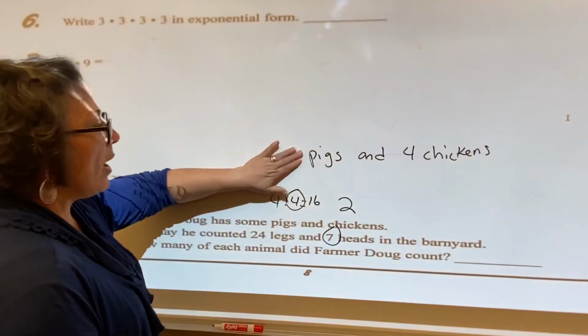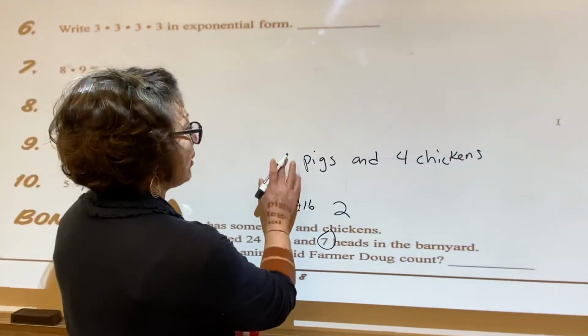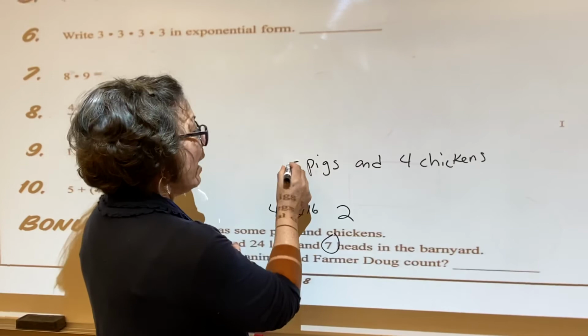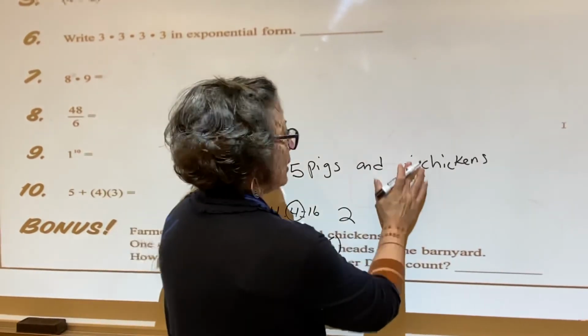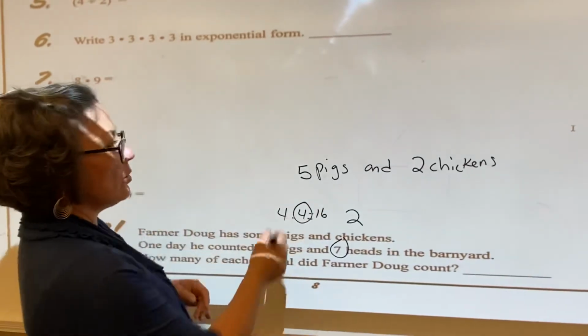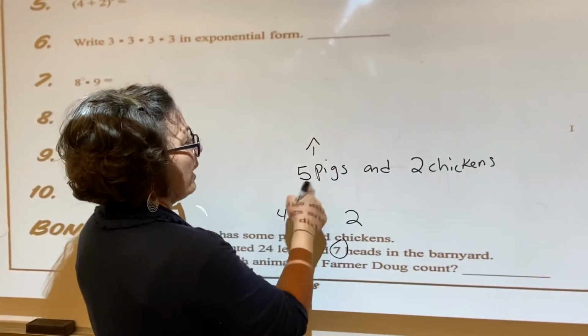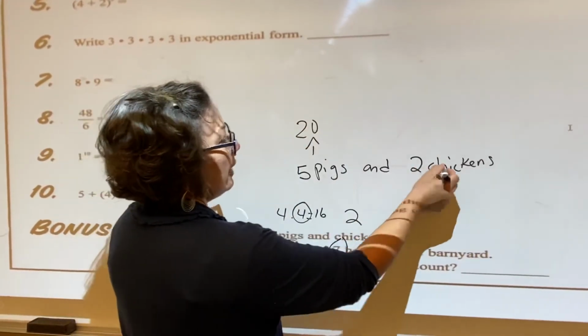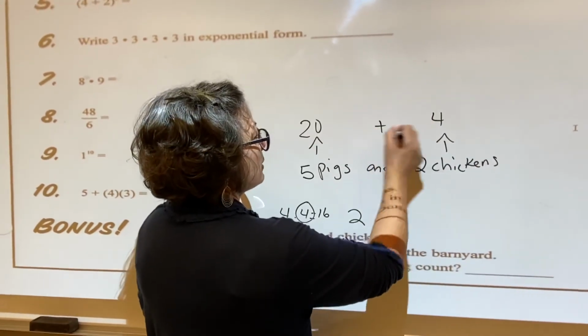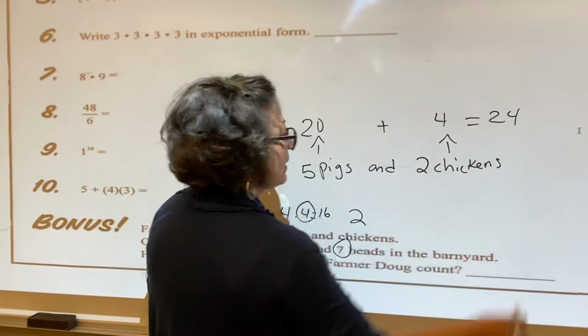So let's add up one more here, 2 pigs. So we have 5 pigs and 2 chickens. Let's do that. So again, this equals 5 times 4 is 20, and then 2 times 2 is 4. So that is our total of 24 legs.